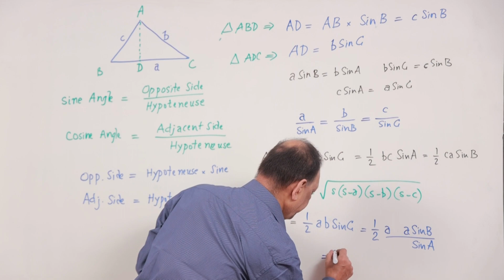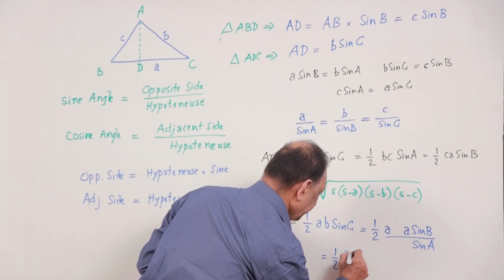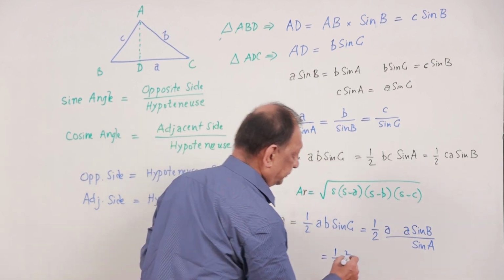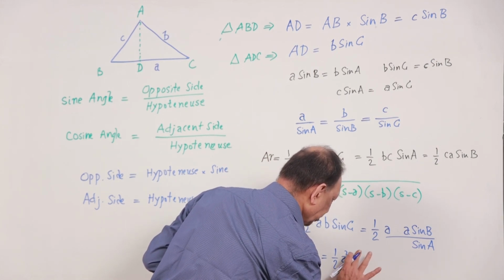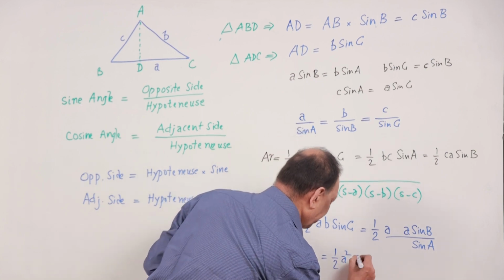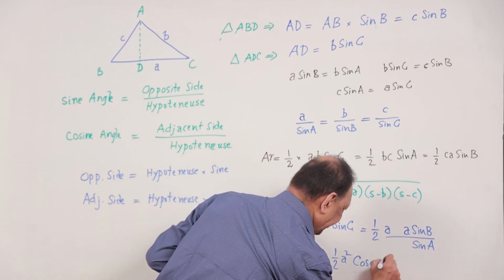So it will be half A squared, and what is 1 over sin A? We have one more trigonometric function called cosecant.